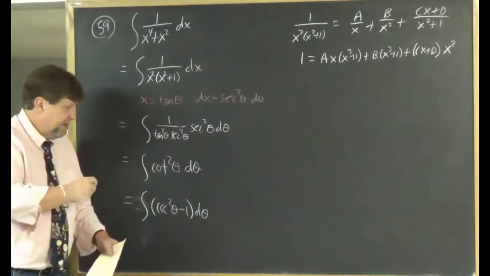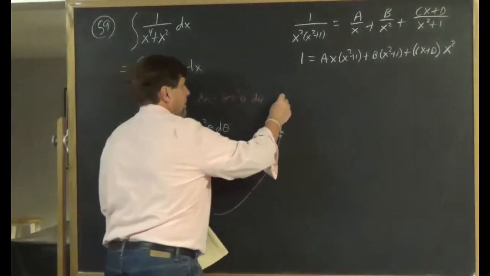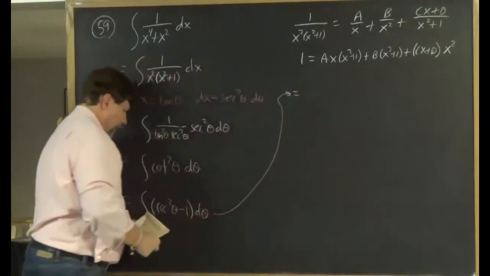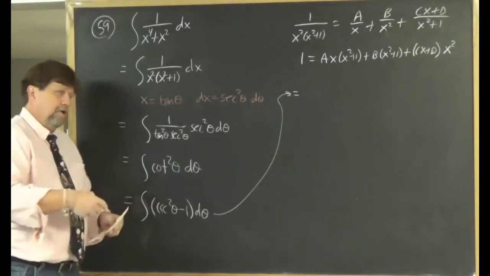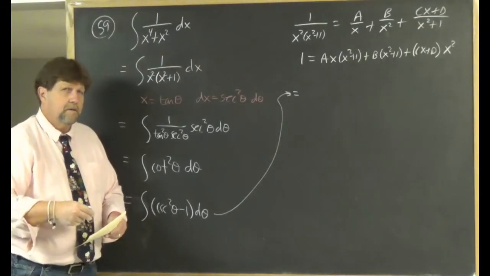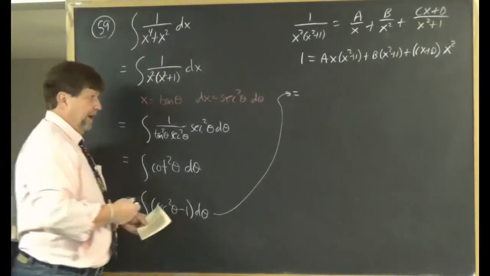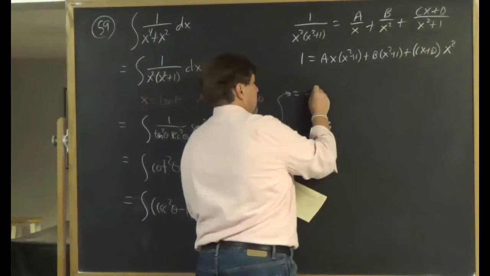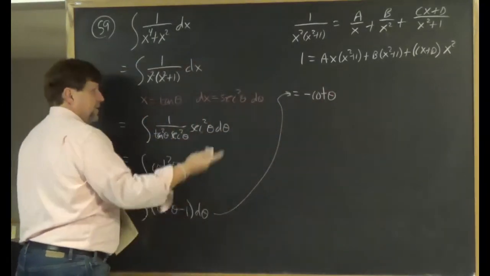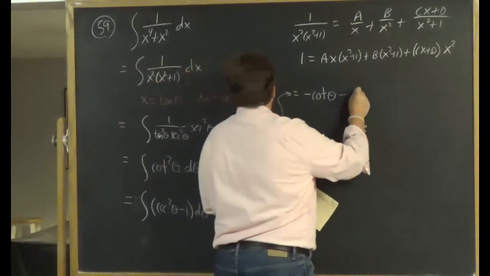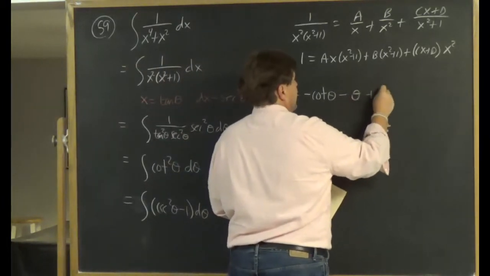I'm going to have to pull this up here now. Think about how friendly this is. The antiderivative of cosecant squared, we should know that straight away. It's negative cotangent. And the antiderivative of 1, that's just theta.